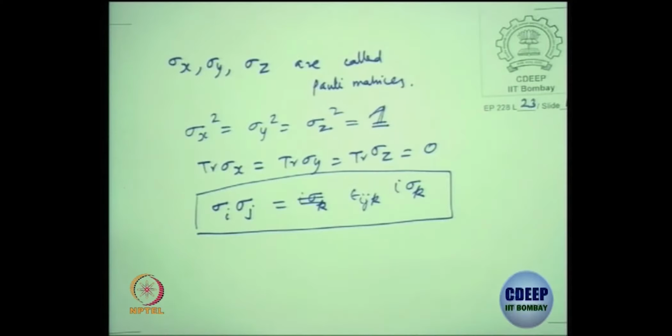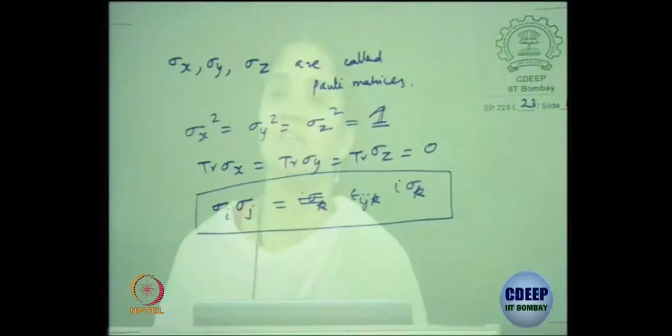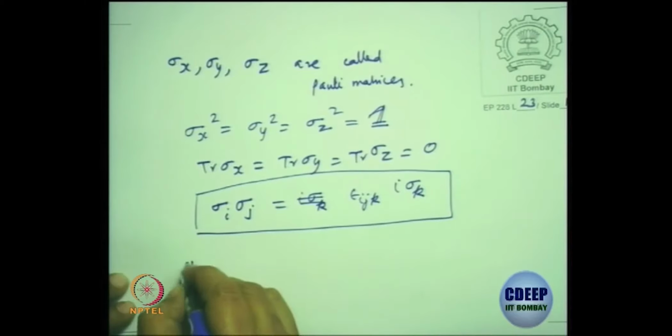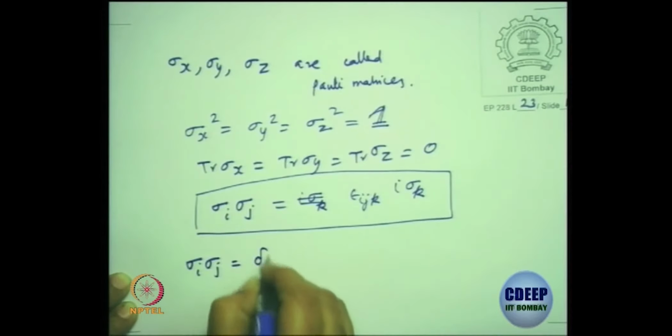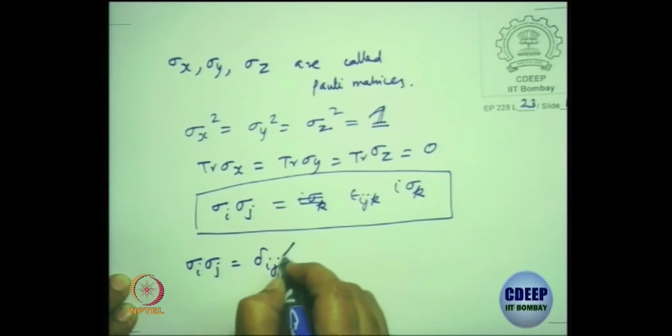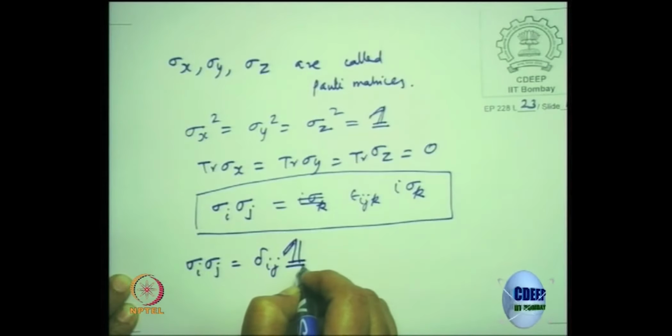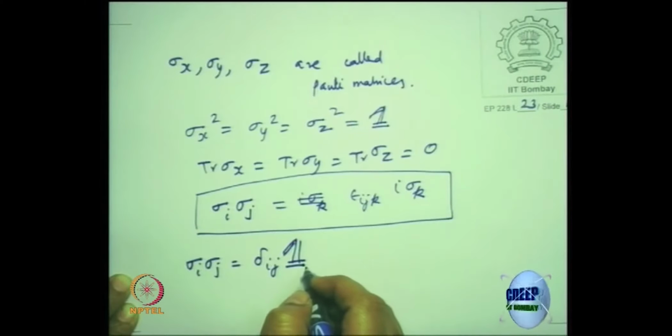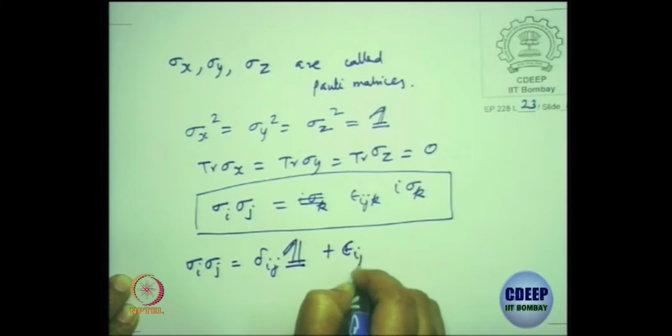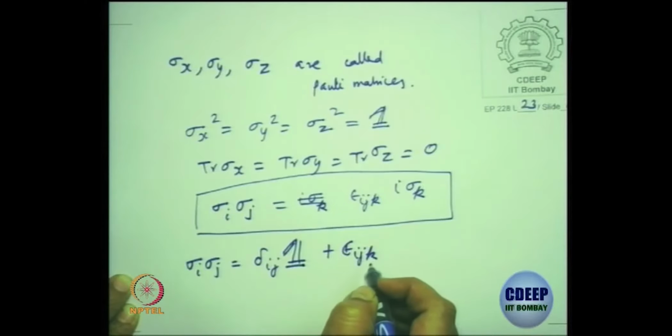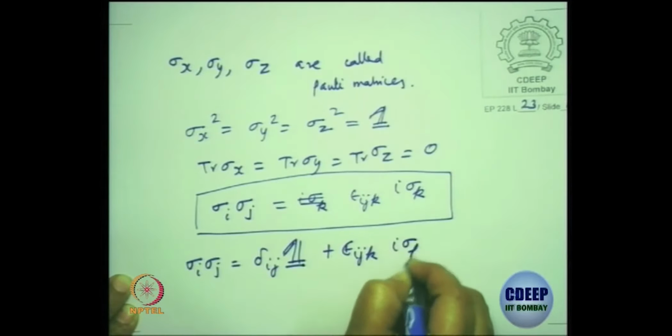This is a compact way of writing what I wrote for sigma x, sigma y is I times sigma z. You can write sigma I, sigma j as epsilon ijk I times sigma k. Can I write further? If I and j are equal, sigma I, sigma j is delta ij times identity, and if I and j are not equal, it is epsilon ijk I times sigma k.